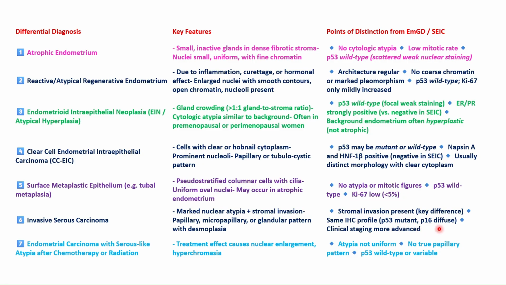If we see endometrial carcinoma with serous-like atypia due to chemotherapy or radiation, there is nuclear enlargement, atypia is not uniform, no true papillary pattern, and P53 is wild type or variable. So that's a concise overview of the two key precancerous lesions of endometrium, EIN and SEIC.